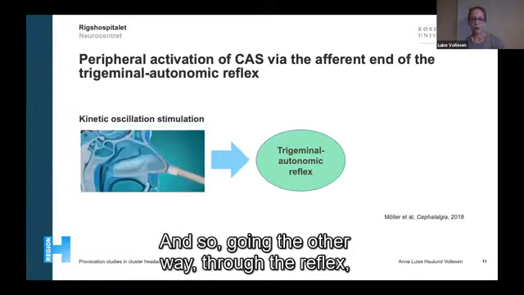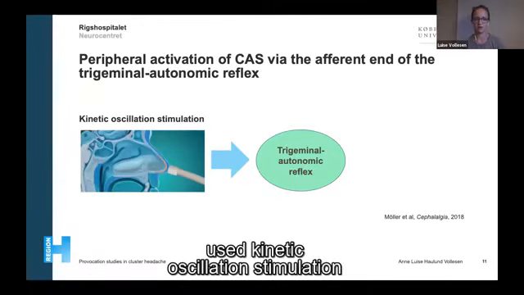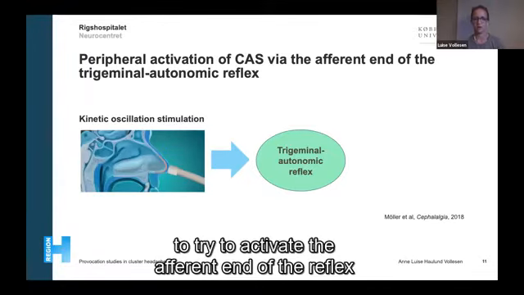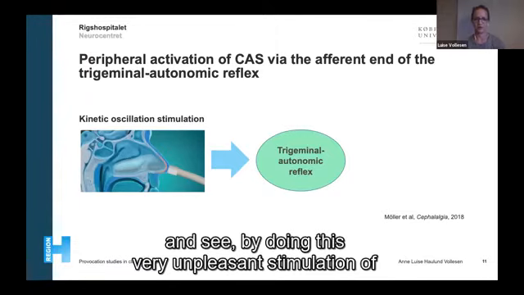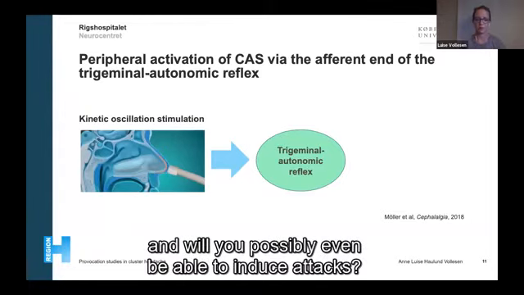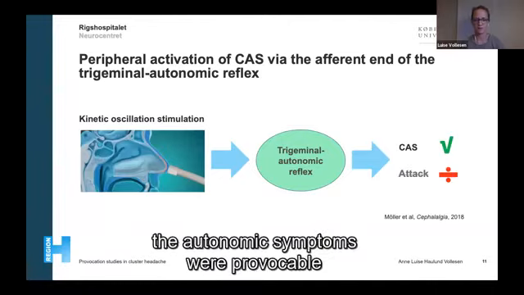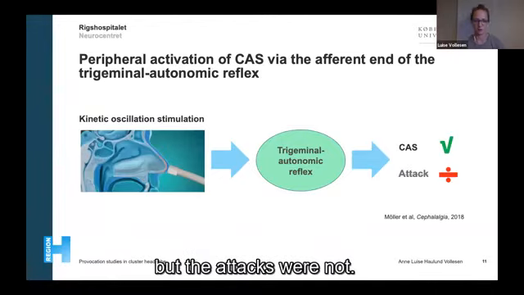And so going the other way through the reflex, another recent study by Miller and colleagues used kinetic oscillation stimulation to try to activate the afferent end of the reflex, and see by doing this very unpleasant stimulation of the nasal mucosa, will you get the autonomic symptoms, and will you possibly even be able to induce attacks? And again, what they found was that the autonomic symptoms were provocable, but the attacks were not.